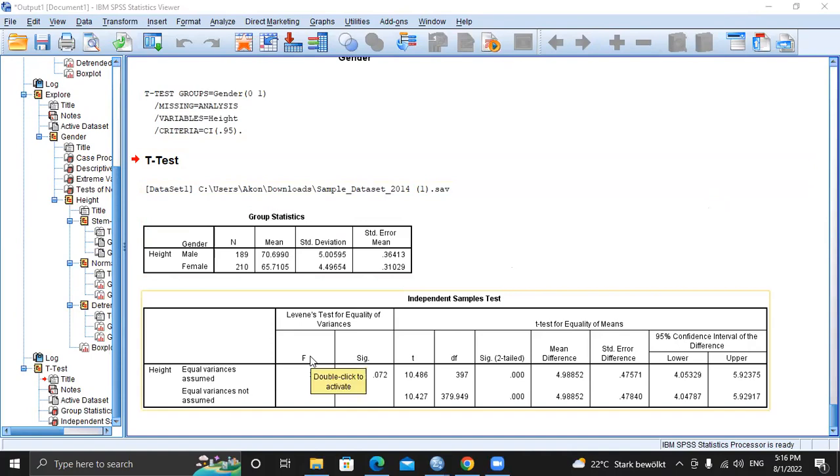So in regression ANOVA, we'll have it. So we have the value and its probability. The probability is 0.72, right? Which is insignificant, which means equal variance assumed, the hypothesis is true.